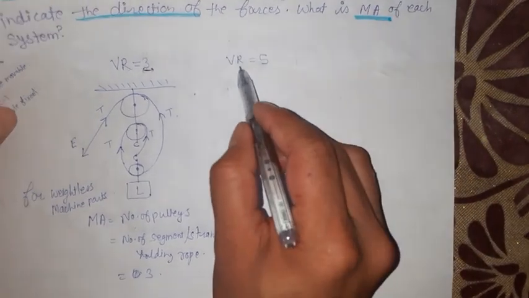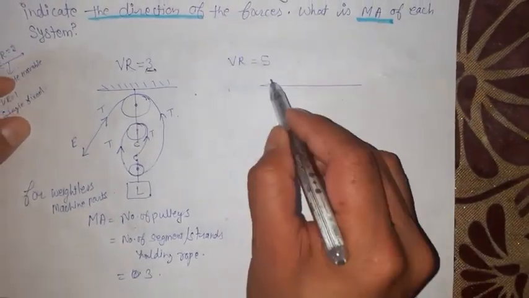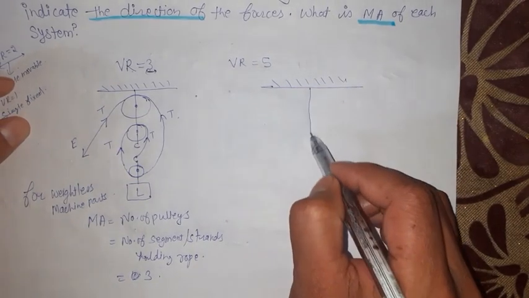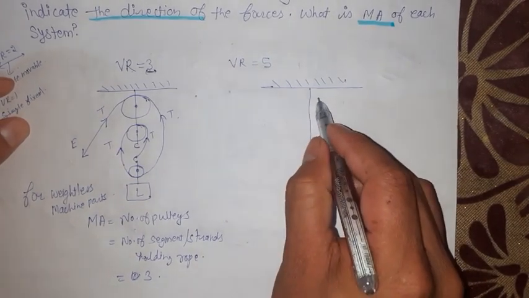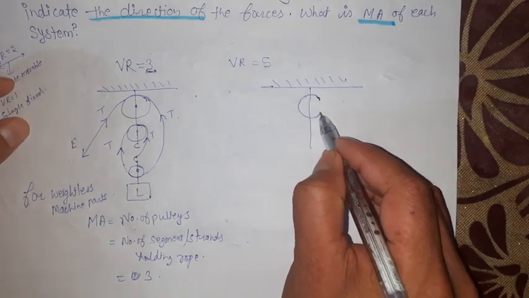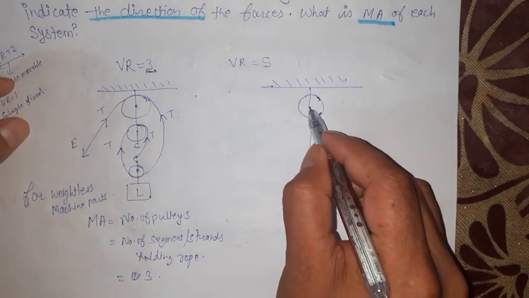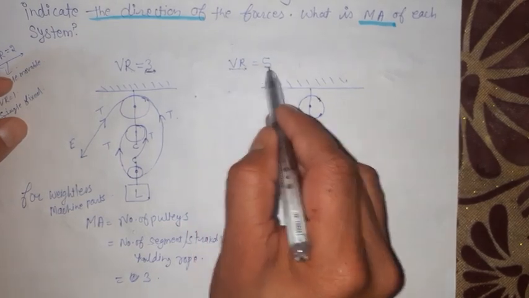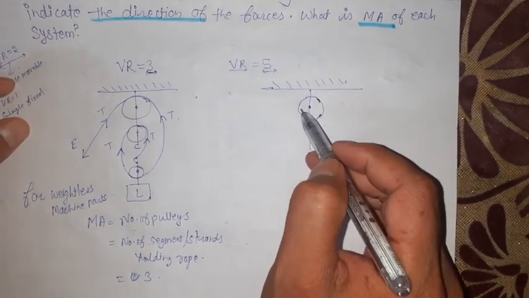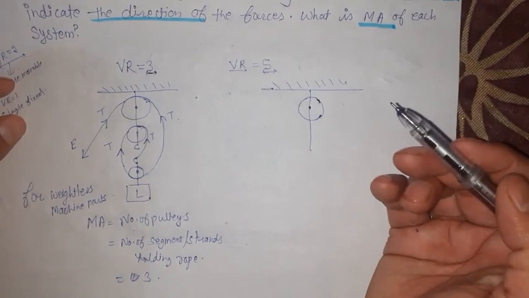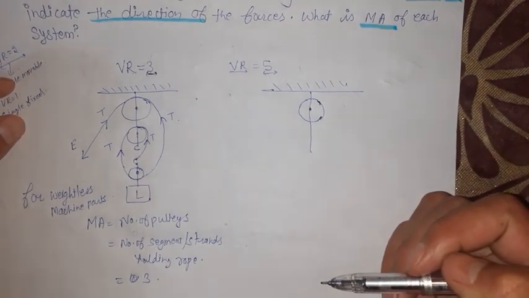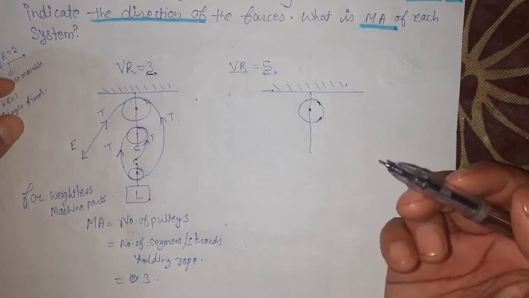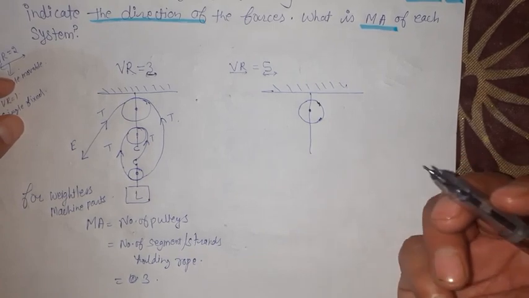Now for velocity ratio 5, student, here is the rigid support. This is the fixed frame. To check that the velocity ratio is 5, how many pulleys do I have to use? It is 5. So it means 3 in the upper block and 2 in the lower block. Already it is said that the upper block must have more pulleys if there is the need.